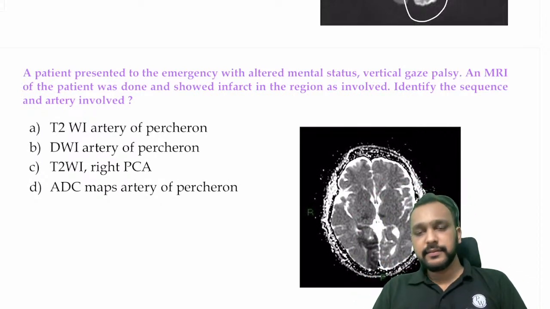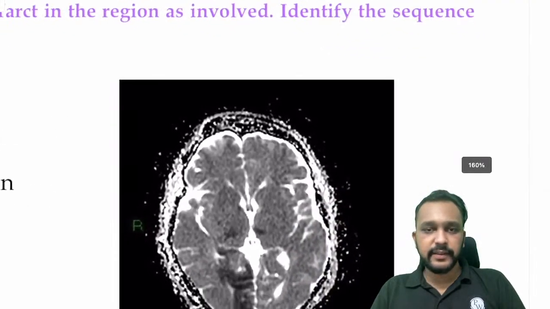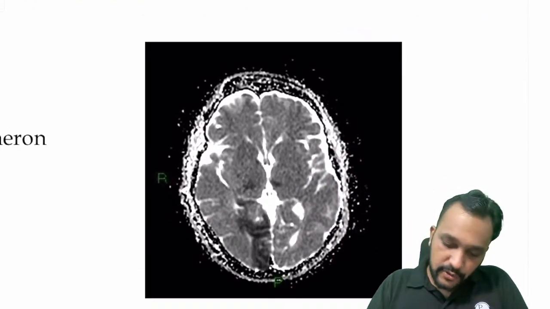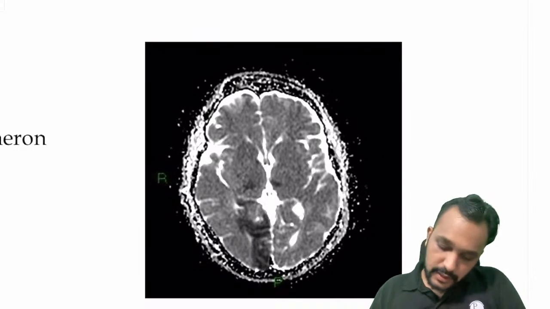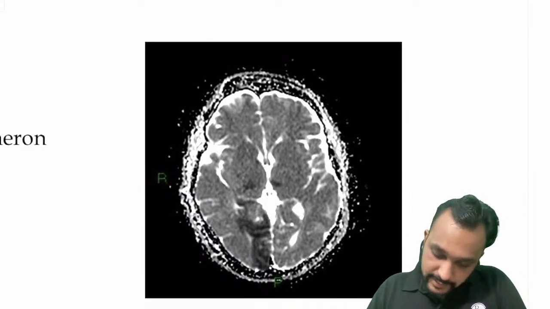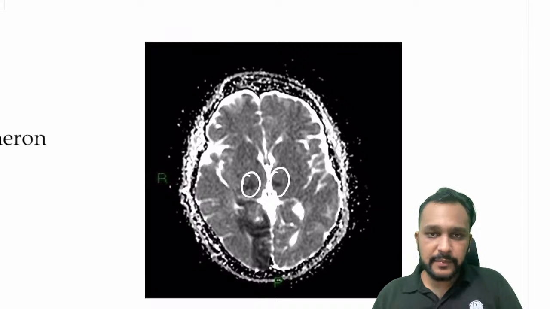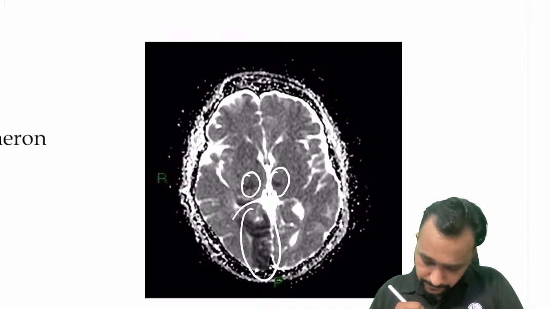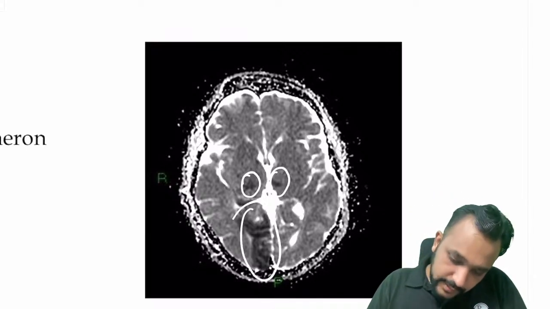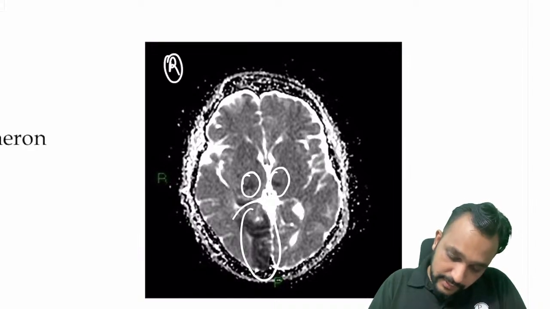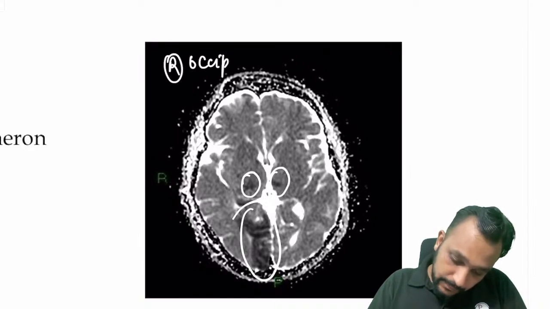Again guys, if you look at this image, you can see that there is a hypodensity in both the thalamus as well as the right occipital lobe.